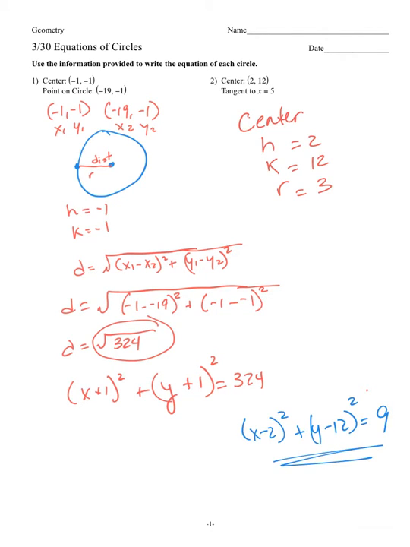And that is your answer to number 2. If you go to page 2, it explains how I got the radius on page 2. So go ahead and go to page 2 and see how I got this r equals 3. I drew it on a graph on page 2 of this presentation.